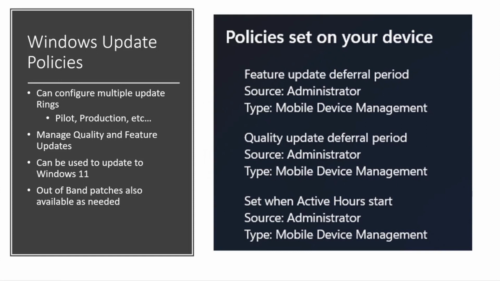You can also control quality updates and feature updates. They even have out-of-band updates if needed, where if there is a break glass update, like there was one, was it last month or the month before, on ARM processors. If you had ARM processors in your environment, Microsoft had a 0-day patch that you could push out for those.